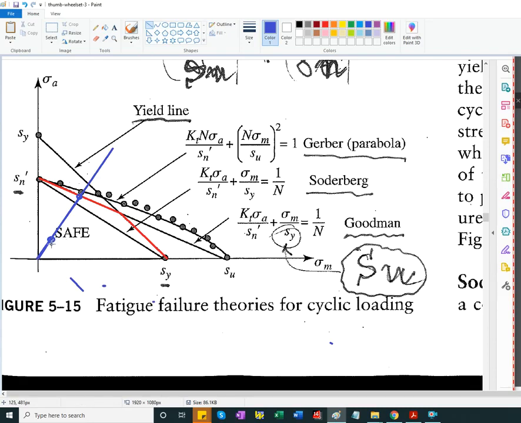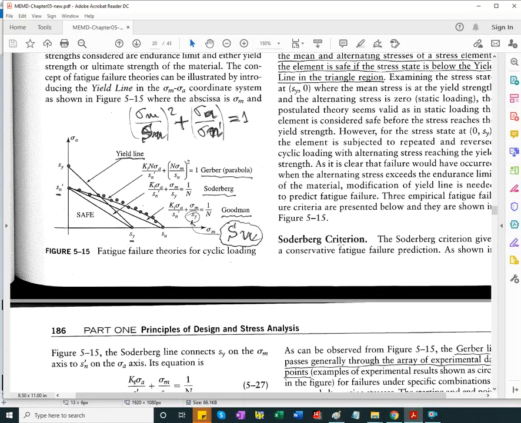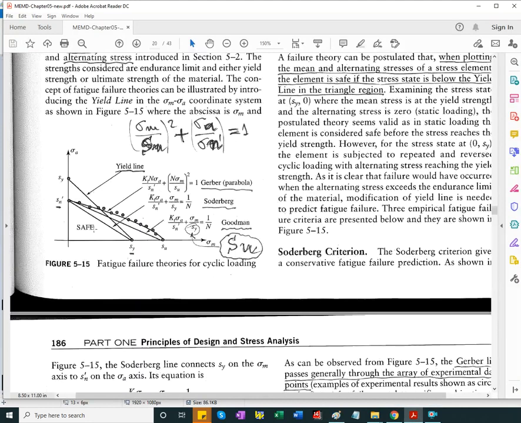Or you can work with projections if it's more convenient. So you work with either horizontal or vertical projections. Likewise, it would be this distance divided by this distance. It gets you the design factor. But we have the equations, and we're going to use them for convenience. Now remember, you can have two intersections.